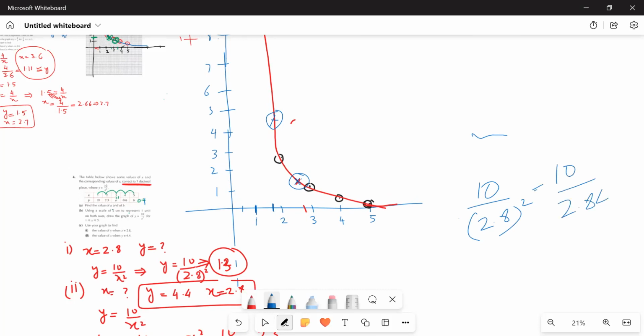Now I'm getting 1.25. Okay, now it is 10 divided by 2.84. Huh? I'm getting 3.52. Me too. It is 3.52. Why? Hmm.